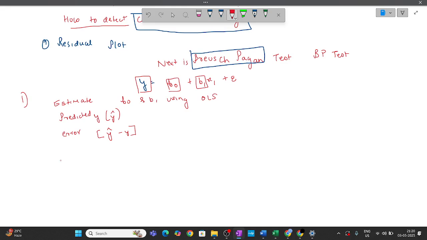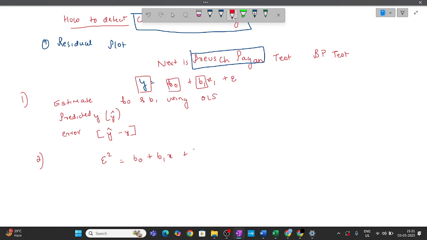अब क्या किया कि you run a second regression, where what you do is you regress the squared errors with the independent variable, तो अब एक ये करो, error squared equals beta naught plus beta 1 x1 plus error.